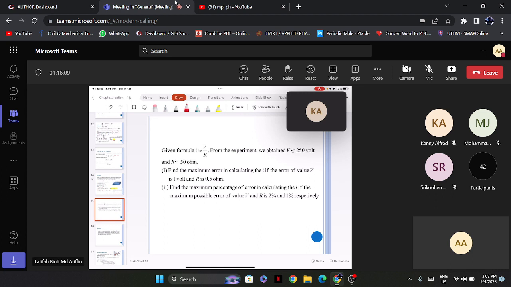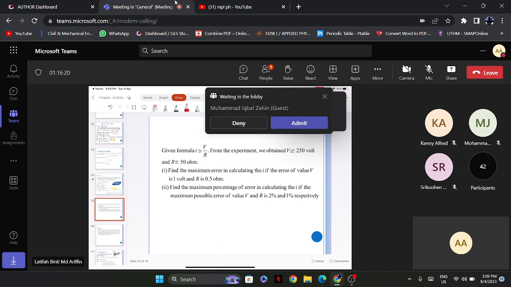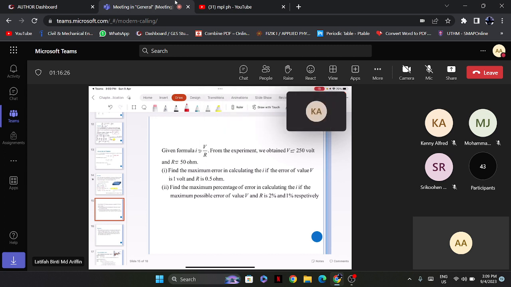Satu, dua, tiga, empat, lima, enam. 1, 0, 0, 0, 0, 0, 0.